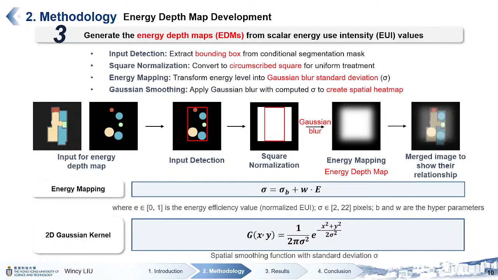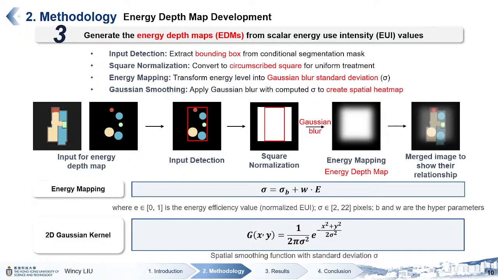And we use some detailed steps. For example, here we get the bounding box of all the room circles first, square the bounding box, and use some Gaussian maps to generate the mapping of the energy performance with the energy depth map.